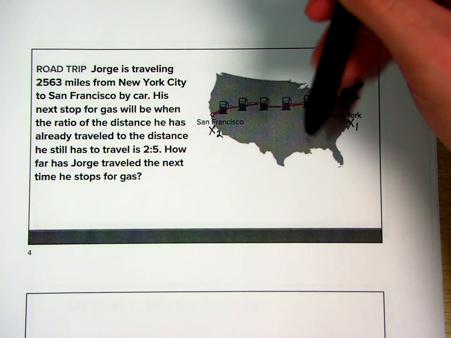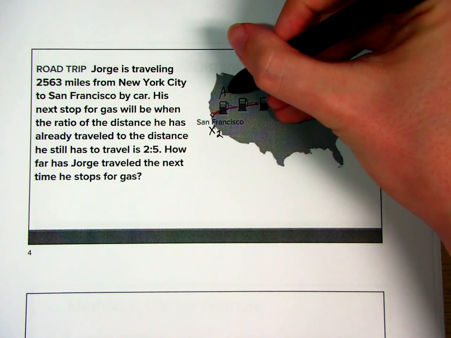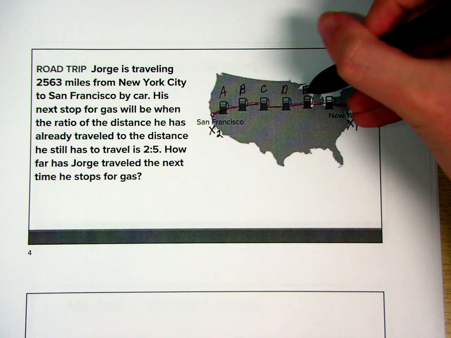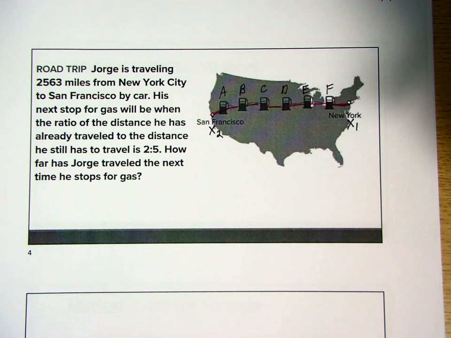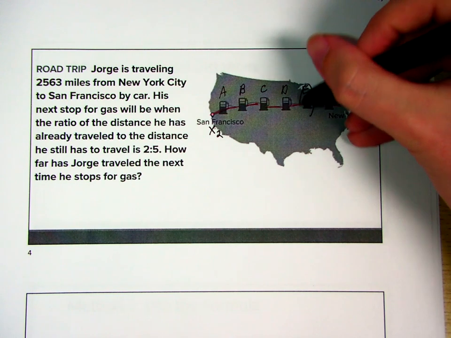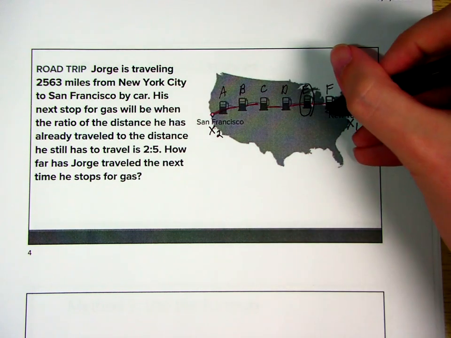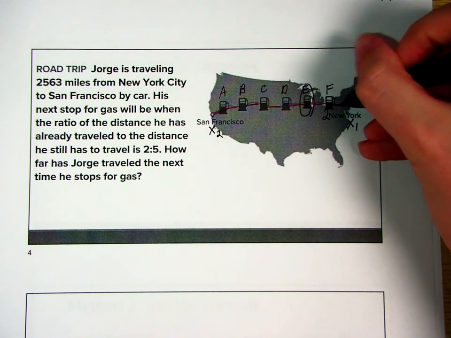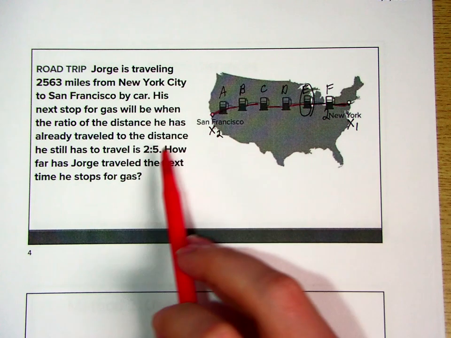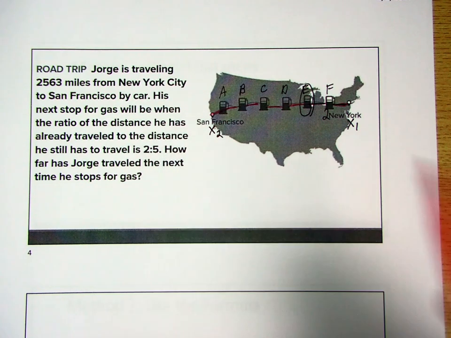You guys in class did pretty well. When I labeled these A, B, C, D, E, and F, a handful of you identified, oh, we're going to be stopping at E, because that would be 2 line segments over here and 5 segments over here. That's good. That's the ratio of 2 to 5.